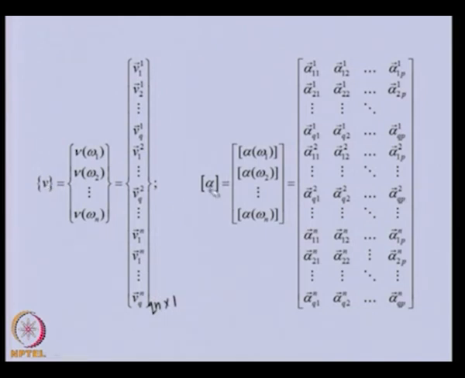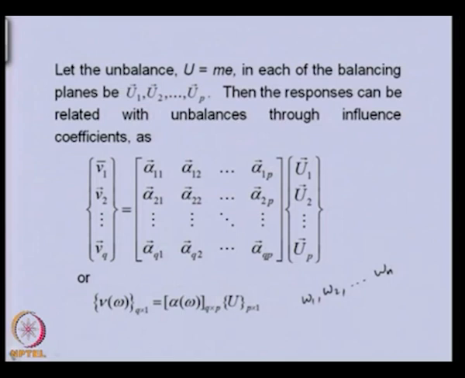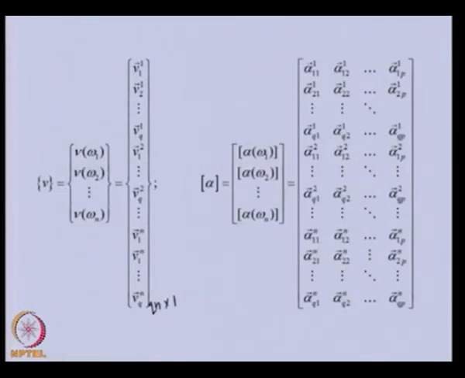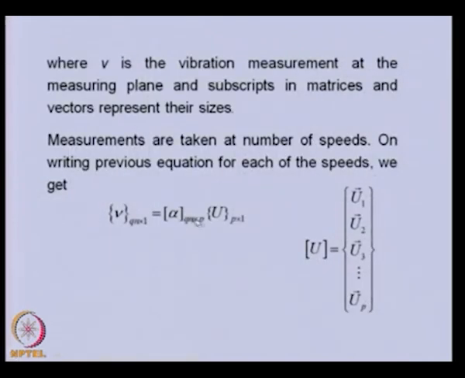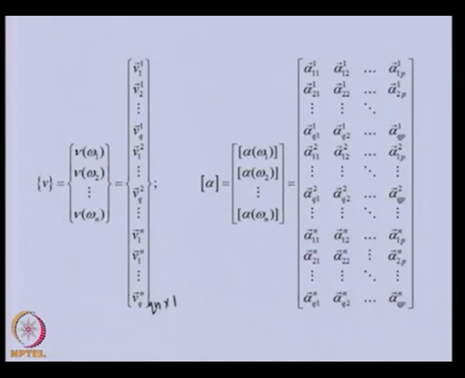Similarly, the influence coefficient, because now they are changing with speed, and earlier the size of the influence coefficient was Q into P. So every one is Q into P. You can see that now the size will be Q into n into P. That means Q n times into P, because there are n such influence coefficients.